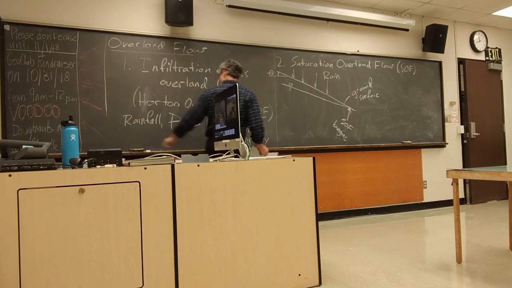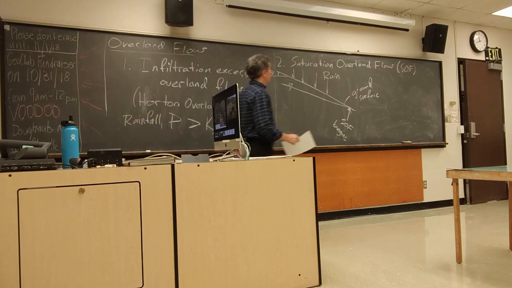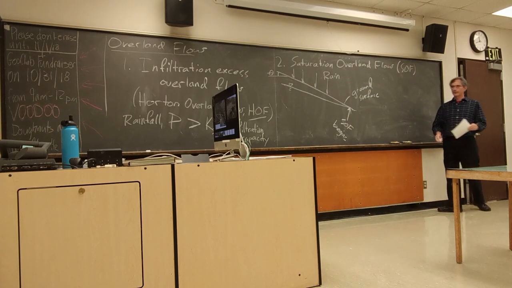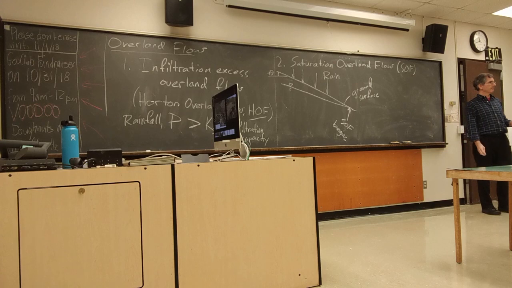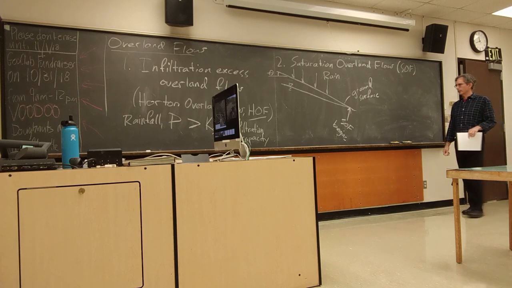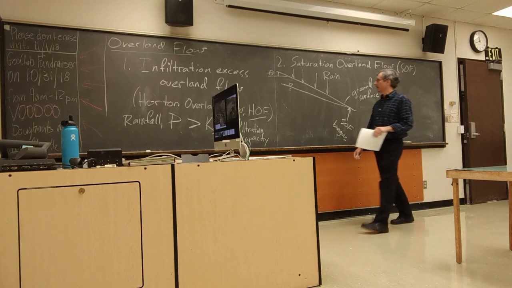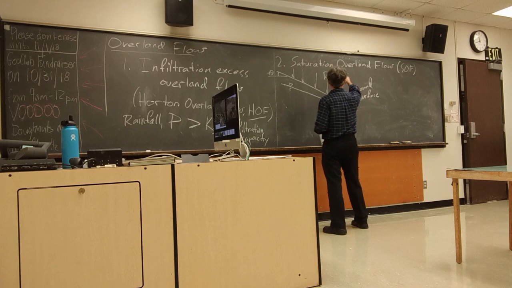Now, the next thing I want to ask is, what's the discharge at that point? What's the discharge where we've got saturation overland flow? Let's make a couple of symbols.